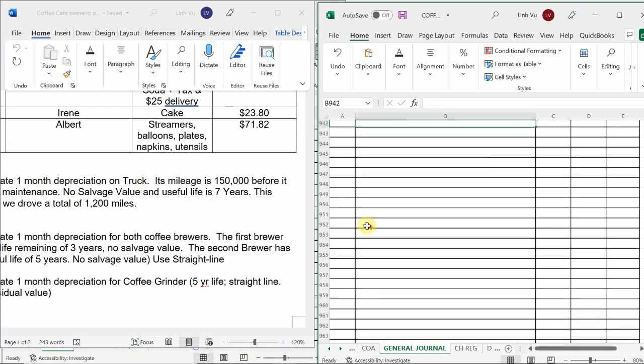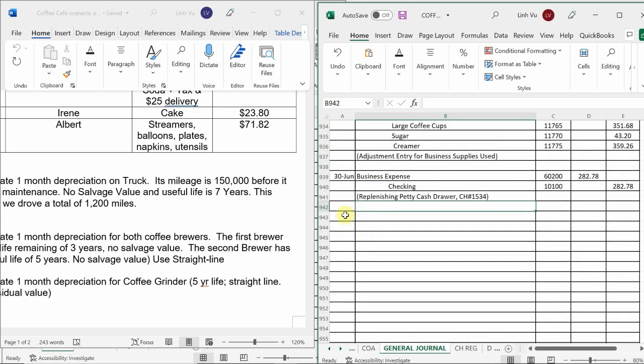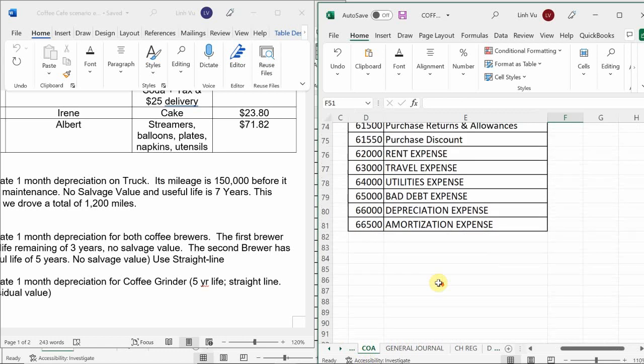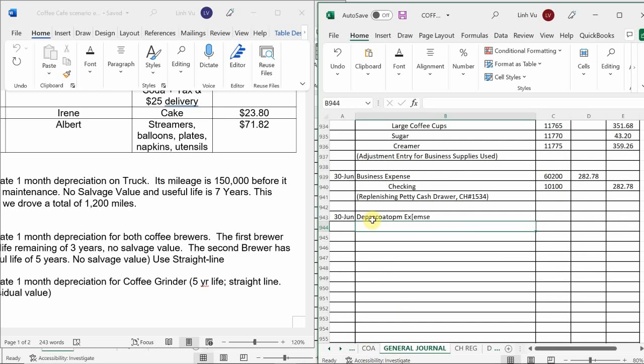Because we all know it's all going to go to the depreciation expense account, which in your chart of accounts is account number 66,000.